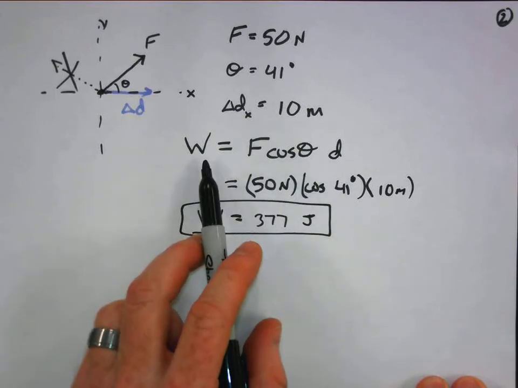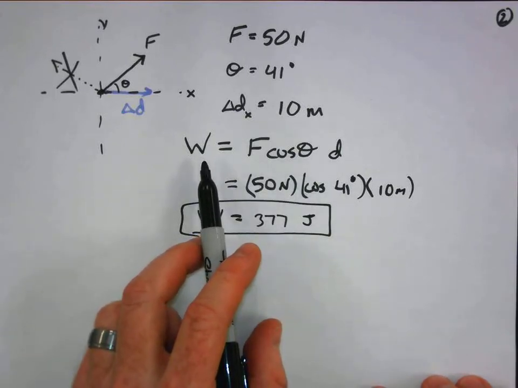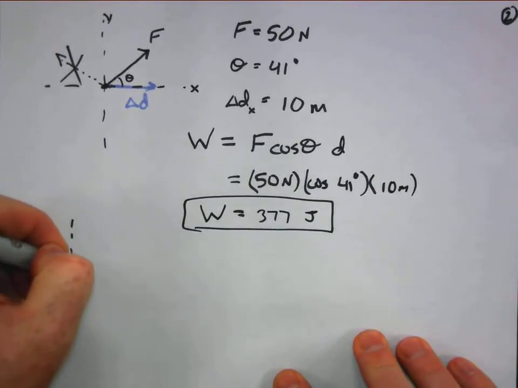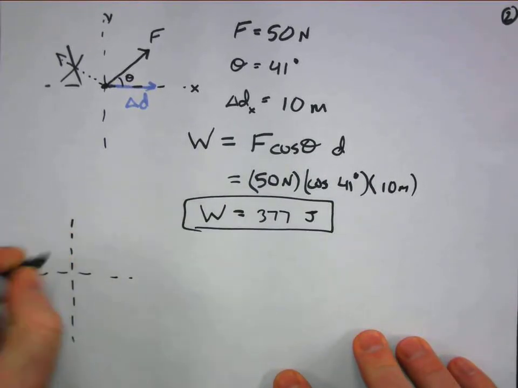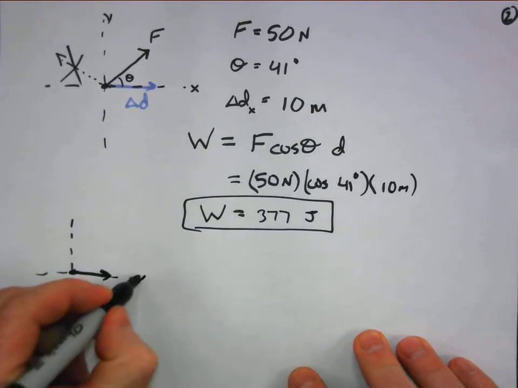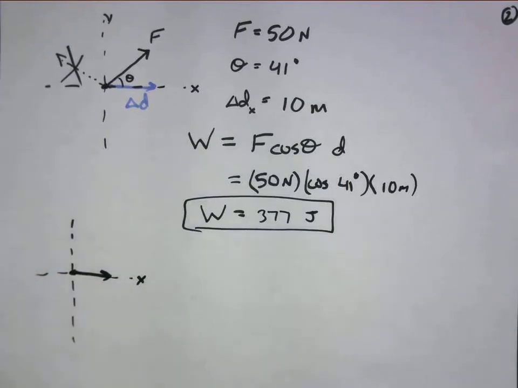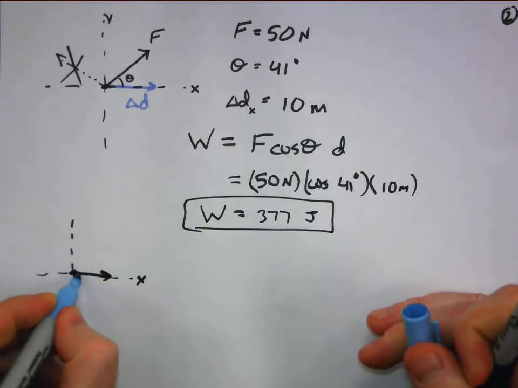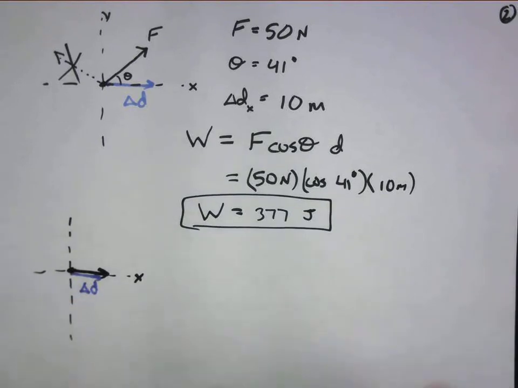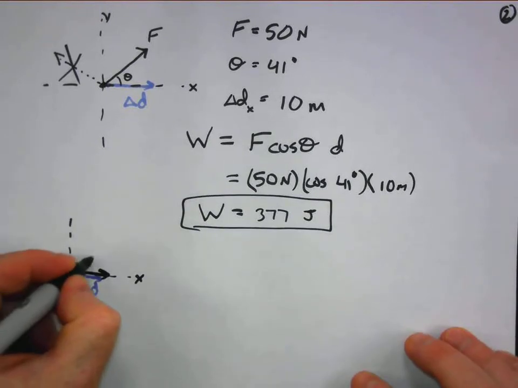What if the force, just real quick, was already entirely in the direction of the motion? So there's our force along the x-axis, and that is also the same direction that it's moving. I'll label that, and I'll label the force.